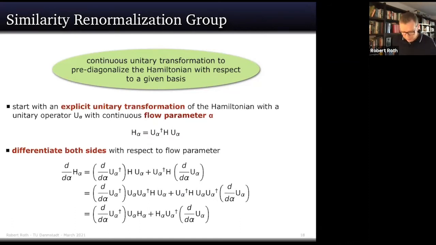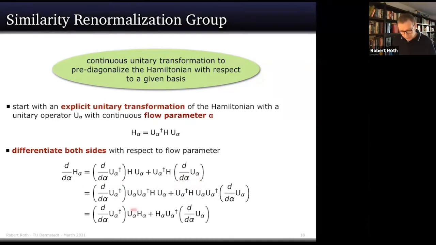You just take the derivative of this definition of H alpha with respect to alpha. That's a trivial calculation, if you like. You have two alphas here, and it's a product of operators, so you apply the product rule. First, you have the alpha derivative of the first, U alpha dagger, plus the same term with the derivative of the second, U alpha.